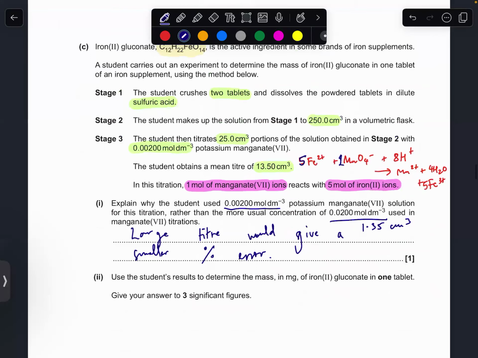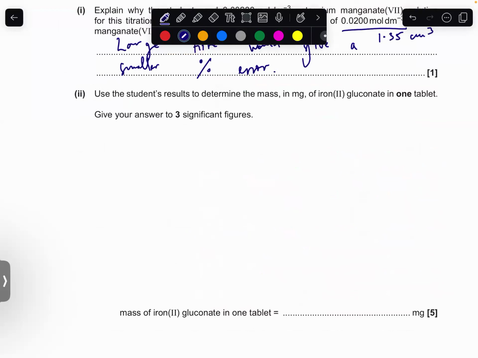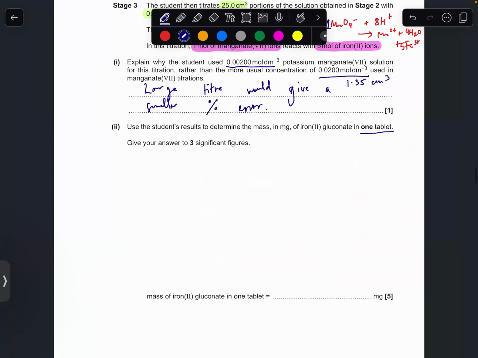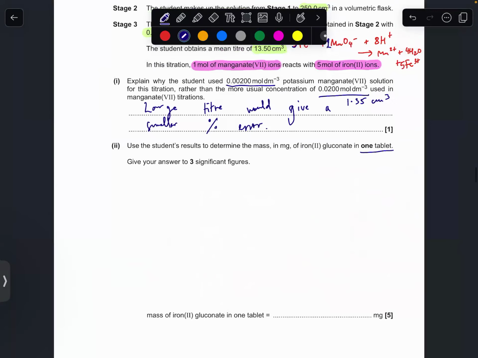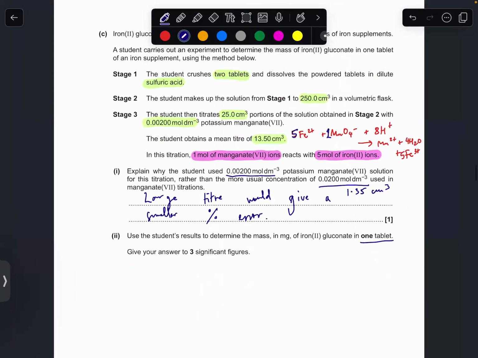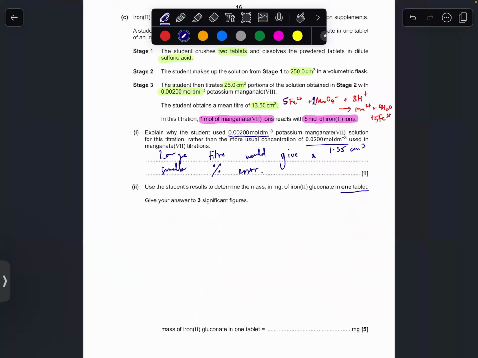Moving on. Use the student's results to determine the mass in milligrams of iron 2 gluconate in 1 tablet. Give your answer to 3 significant figures. Let's have a look. We've got the volume, convert this to decimeters cubed, multiplied by concentration.